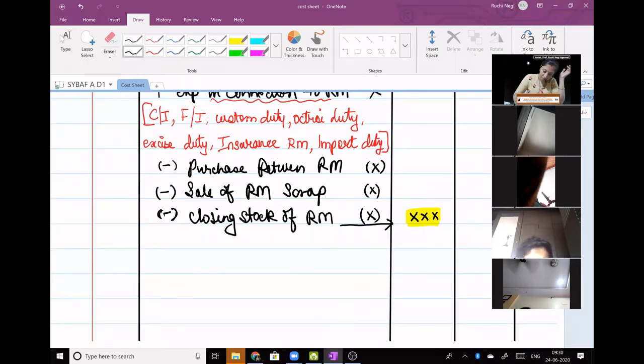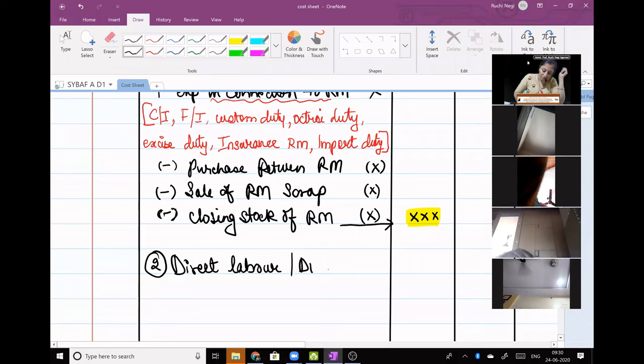Second, direct labor. Direct labor is also known as direct wages, also known as productive wages.